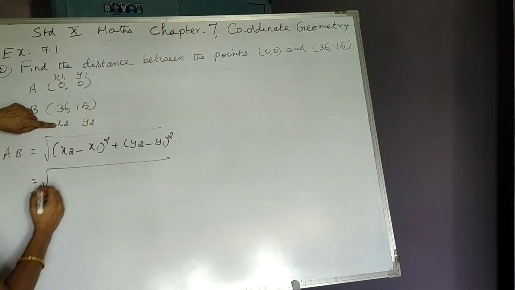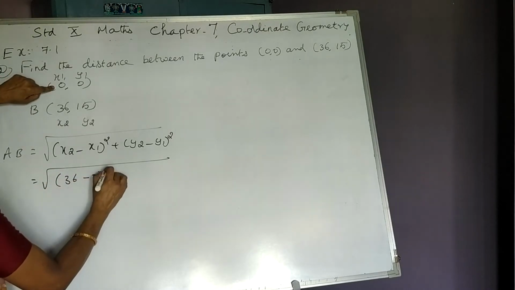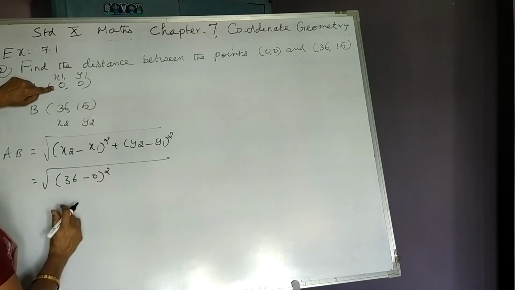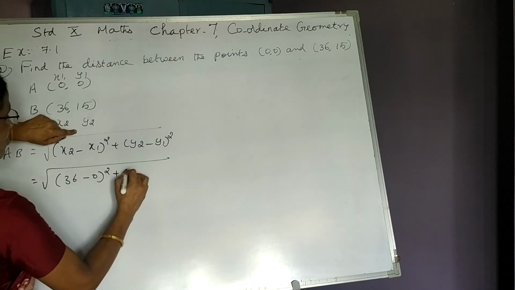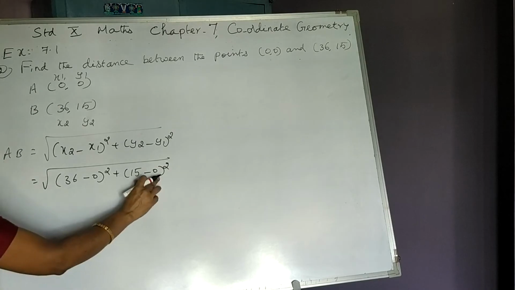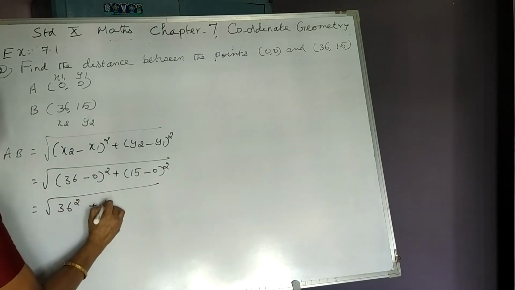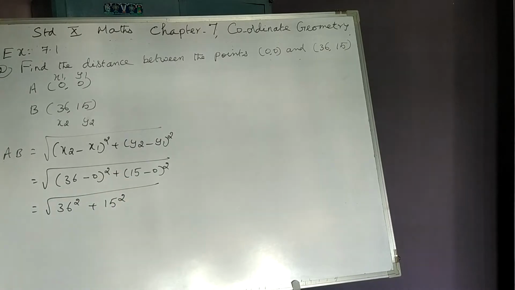Substituting the values of x2 and x1, we get (36 minus 0) the whole square plus y2 is 15, y1 is 0, which is root of 36 square plus 15 square.